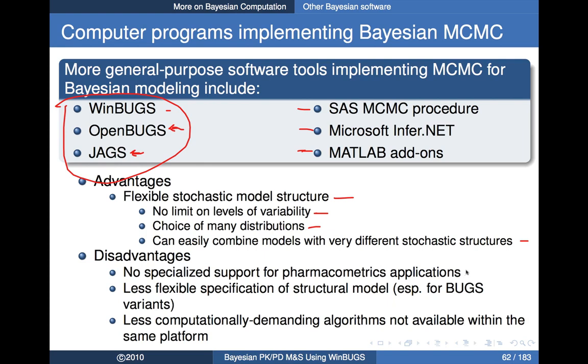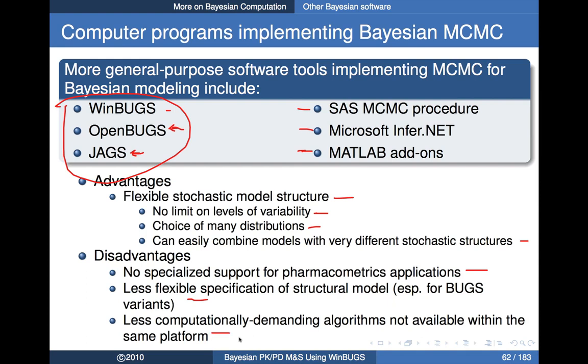The disadvantages are that there's no built-in specialized support for pharmacometric applications, though as we'll see later I will provide you with some tools for doing that, so to some degree I've gotten around that problem. There's less flexible specification of your structural model, and in particular there are no nice built-in for loops and if-then-else statements and things like that, and to get around those you have to do some custom programming that's a bit more difficult.